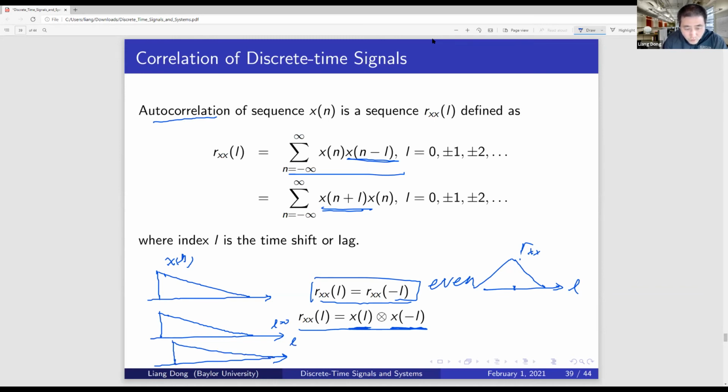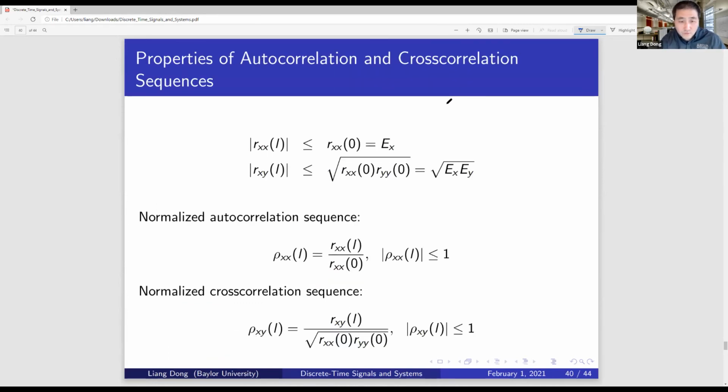This is L equals 1. You do the same thing: this point multiplied by this point, multiplied by this point. Of course, the original point multiplied by what is now a 0 here. Then you add them together. That gives you the autocorrelation value at L equals 1. That's how we do autocorrelation.